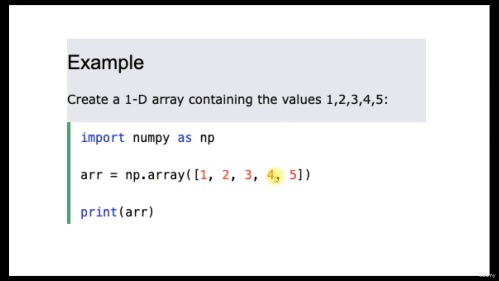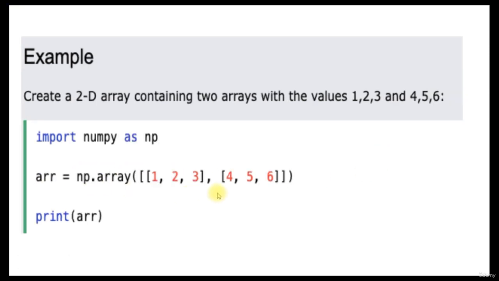What we were doing up till now was creating a single 1D array. Now this 1D array contains 5 different values, and these 5 different values are themselves zero dimensional arrays or scalar quantities, as we say in NumPy.